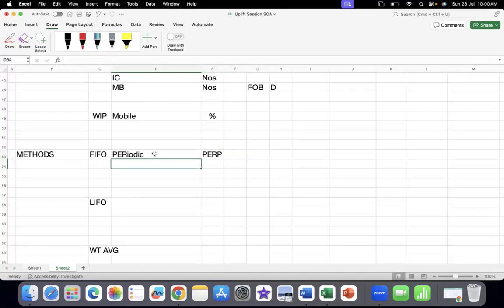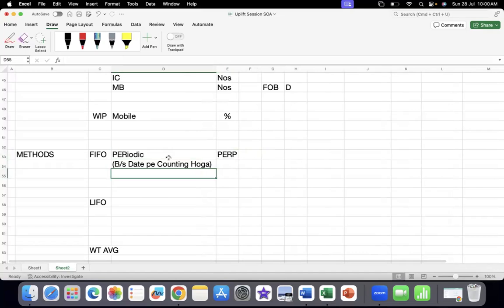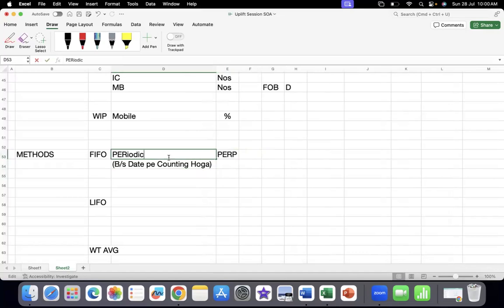The way I have remembered it is balance sheet date counting, that is, the inventory valuation or the inventory reconciliation will happen only at the balance sheet date. मतलब balance sheet date पे counting होगा इसका, simple.